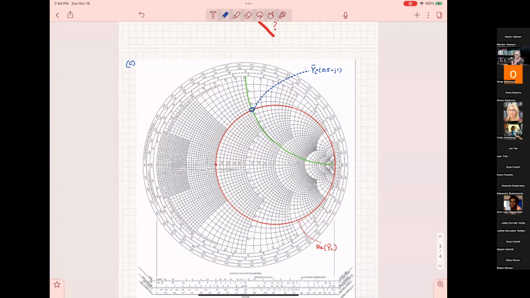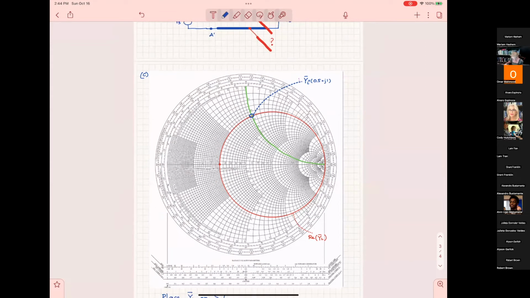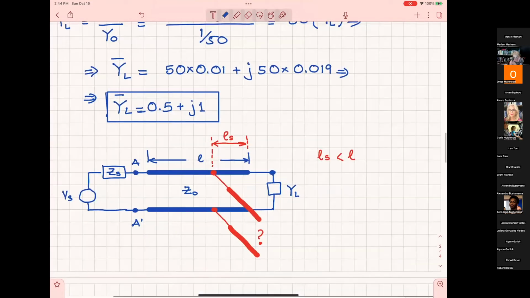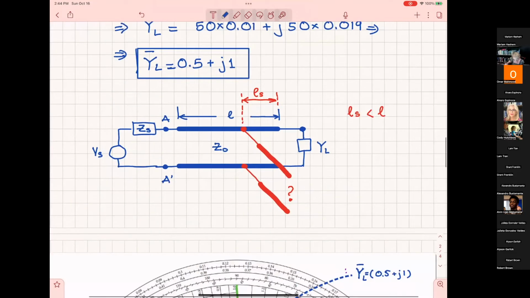Now, I want to put a stub somewhere, but remind me at the end of the day, after I have the stub, after I finish my matching and I look, let's assume I call this C prime, remember I have AA prime, BB prime here.